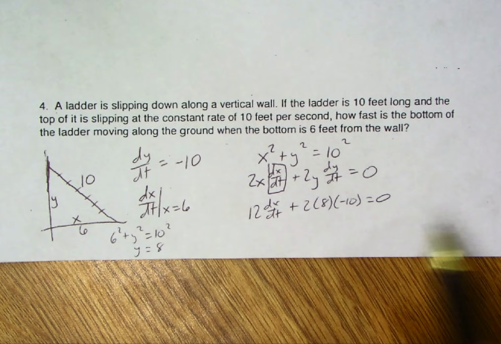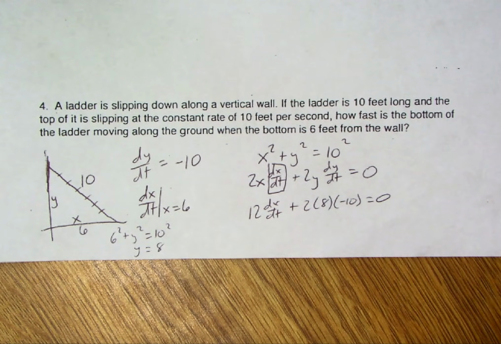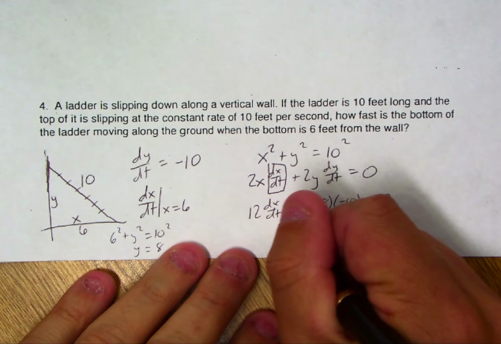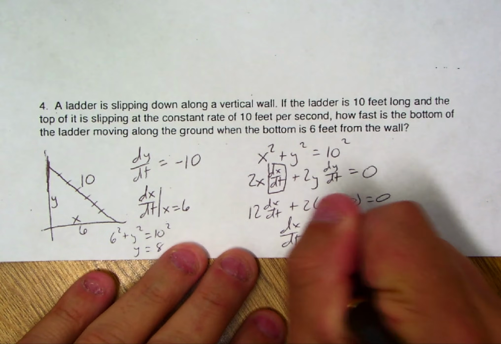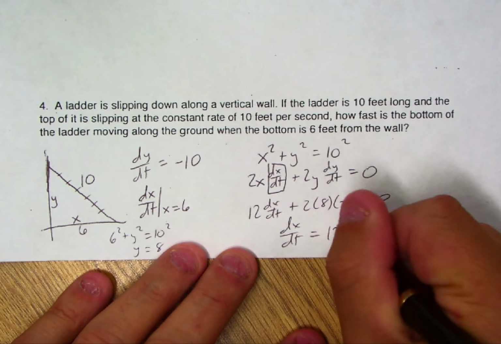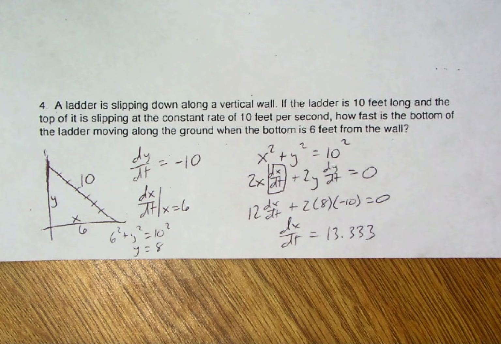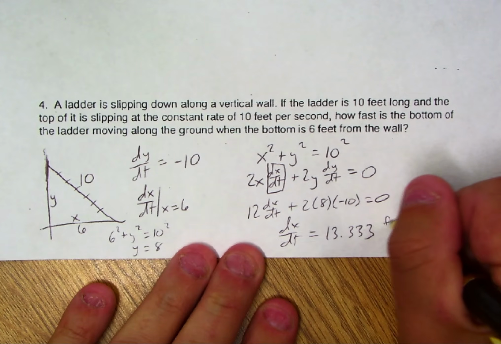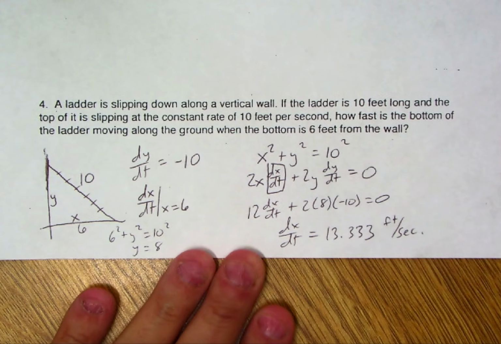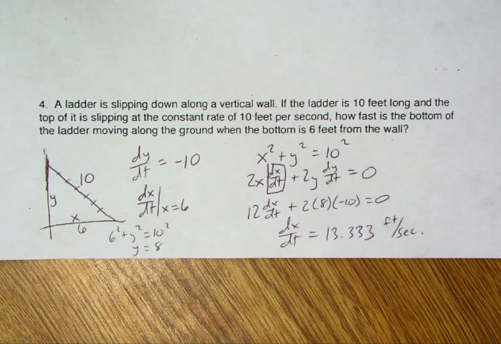So add 160 and divide by 12. So dx/dt is 13.333. And then units, it's going to be feet per second, because we're finding a rate here. Dreads! We dreaded it.